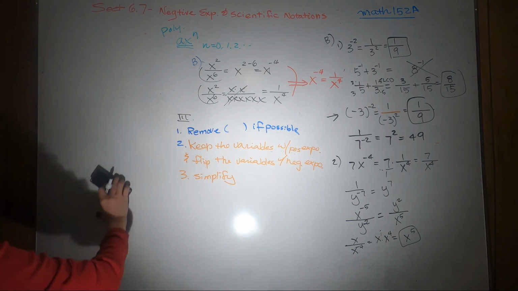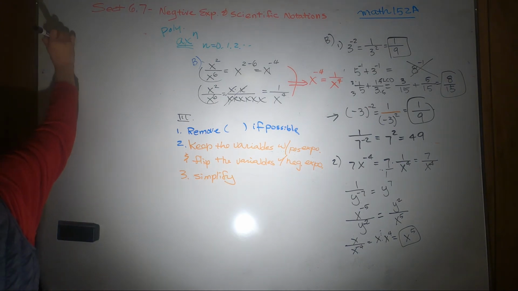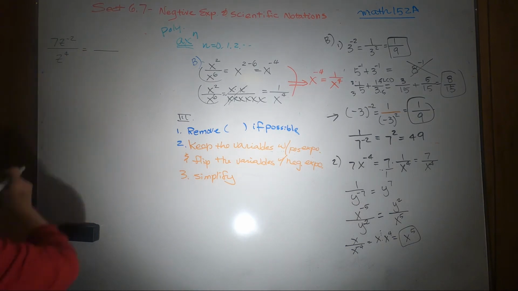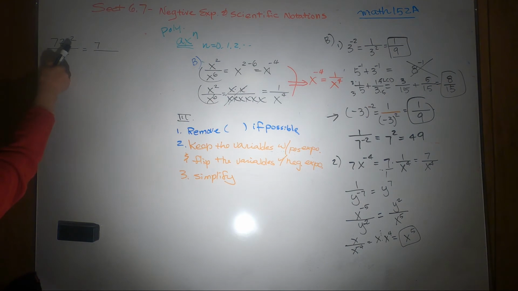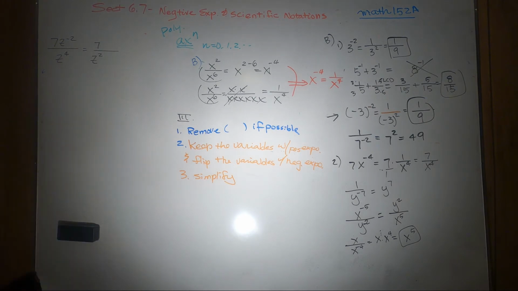Okay, and let's see, next one, 7z to the -2 power times z to the 4th. So do we flip the 7? No. Do we flip this z to the -2 to the other side? Yes, because it's a negative exponent, right?